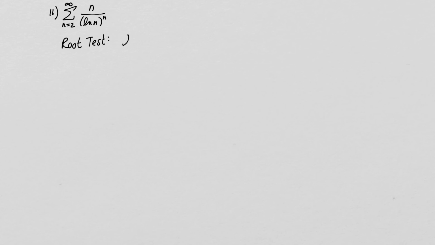The root test asks us to look at the limit as n approaches infinity of the nth root of the absolute value of (n over the natural log of n) to the n. We can remember the nth root we can rewrite as 1 over n.